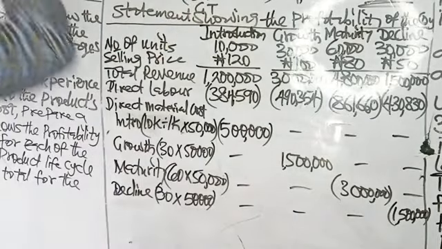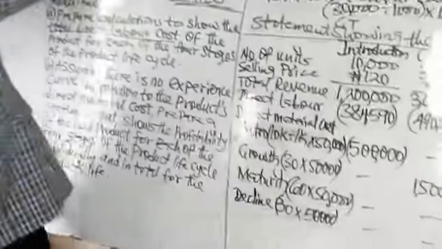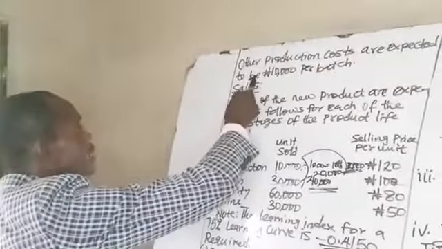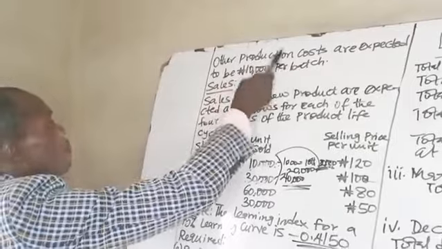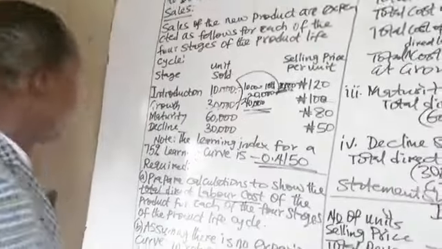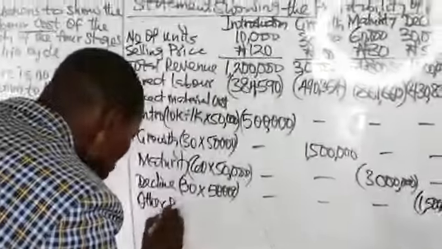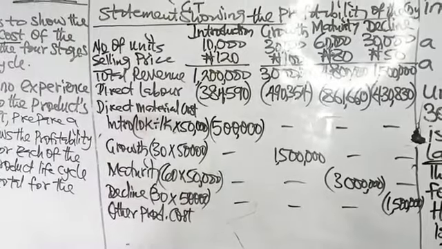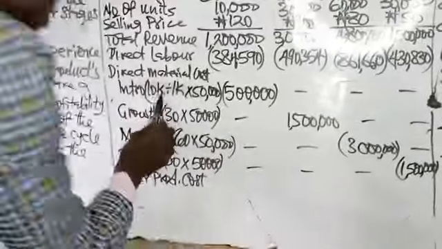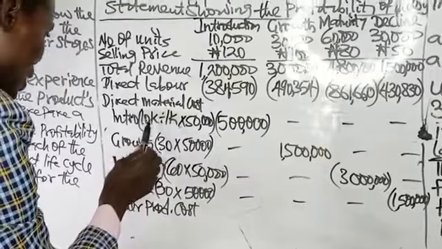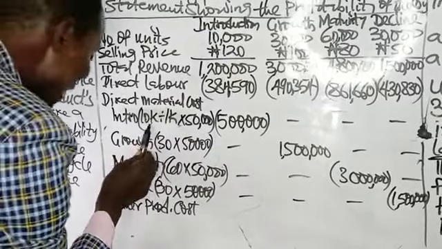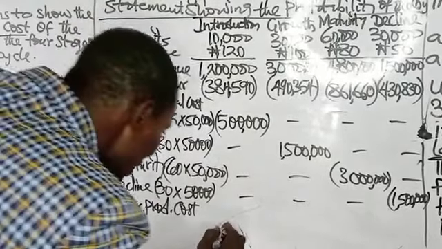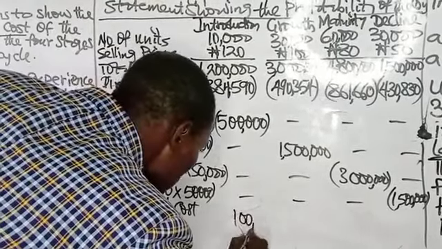Now, you were told that other production costs are expected to be 10,000 per batch. At the introduction stage, you have 10 batches. 10 times 10,000, that will be 100,000.